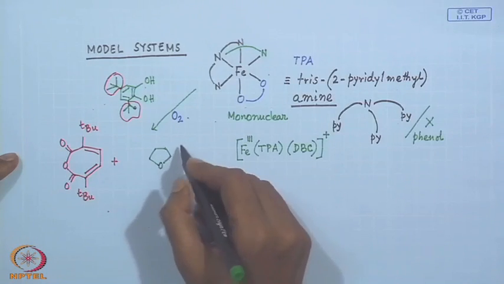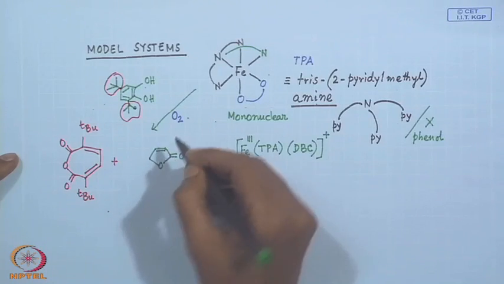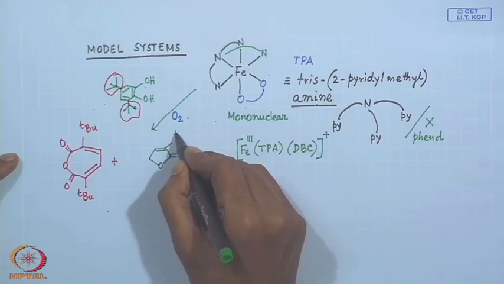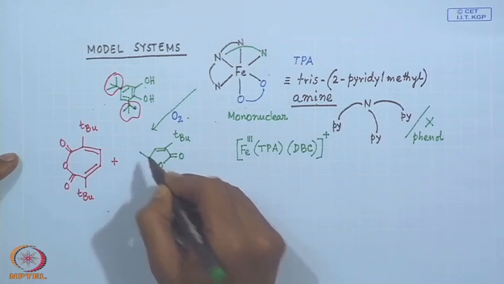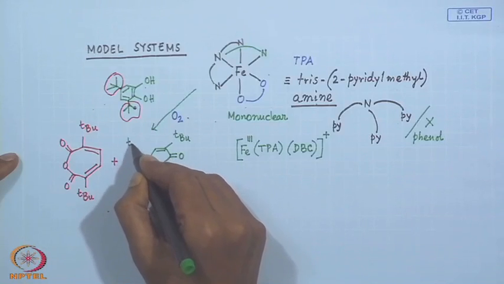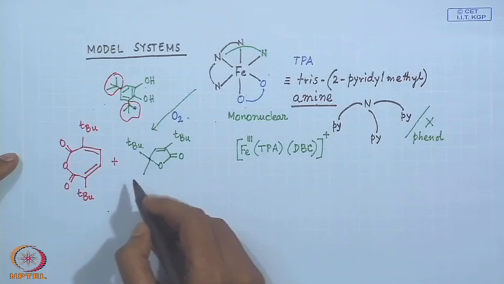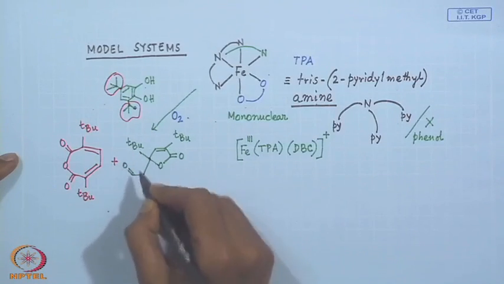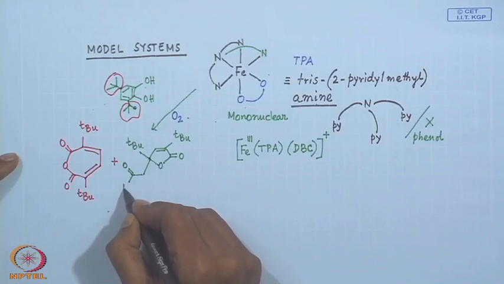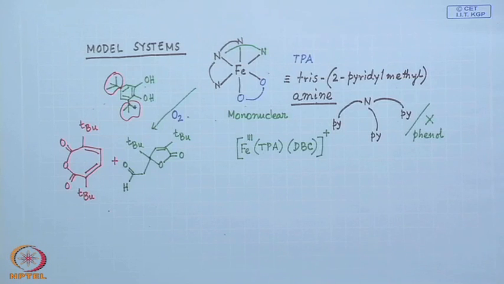So, iron is definitely a very good catalytic site in that way. With the tertiary butyl substitution here, it is a 5-membered ring cyclized product, people have identified that, and at the end here you have the aldehyde function. So, this is one product.